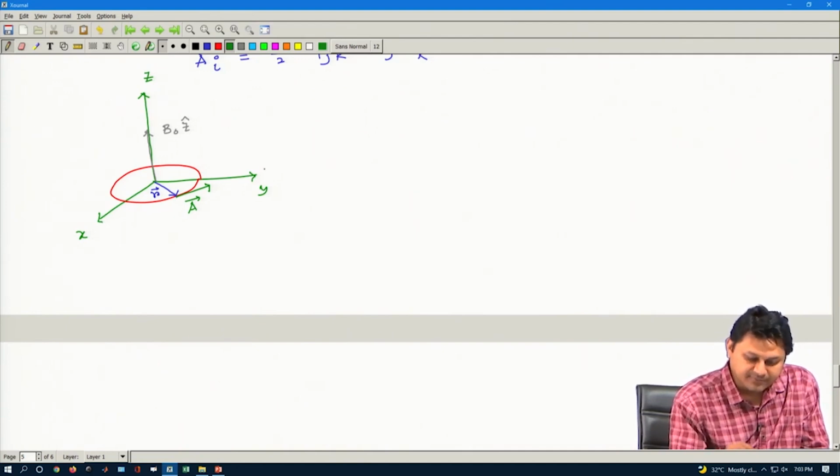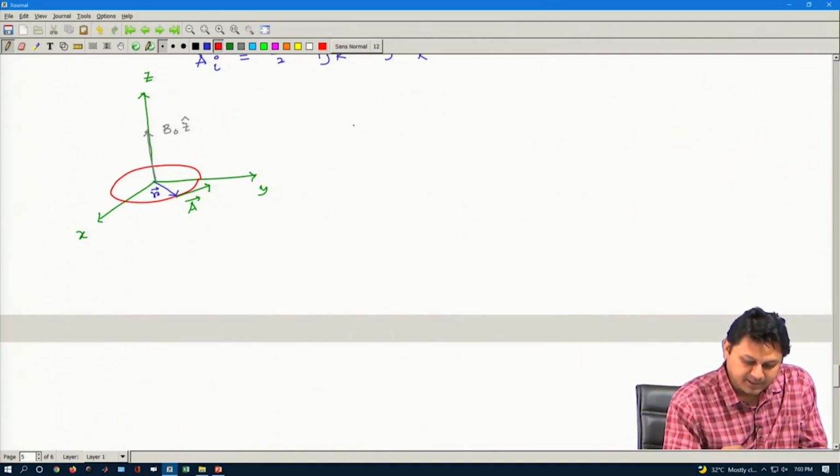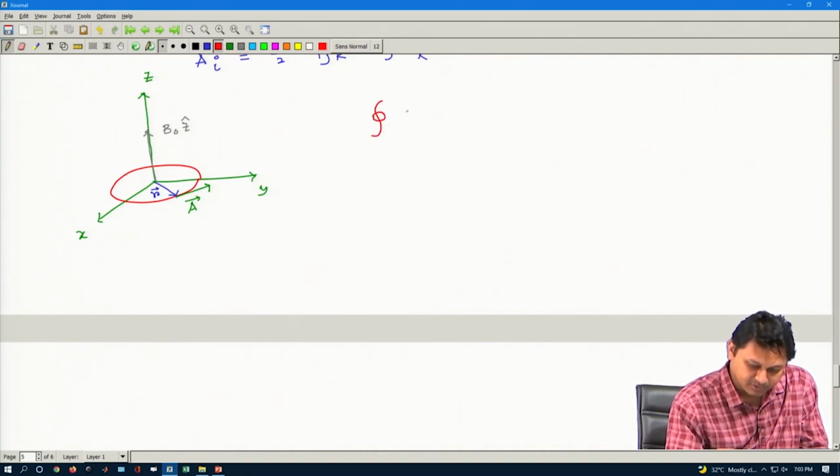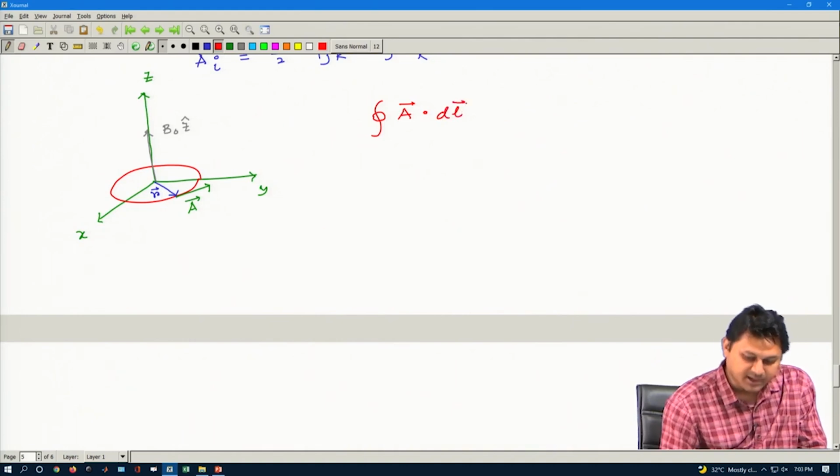Now, if I integrate over this circle as a closed line integral, if I calculate this quantity A dot dl, then what do I get?